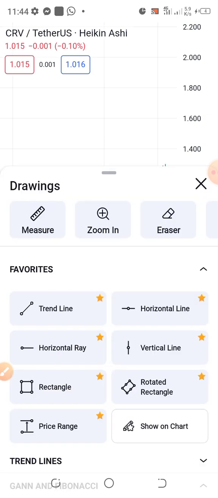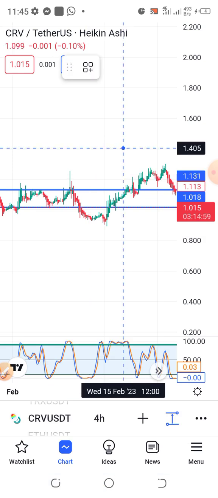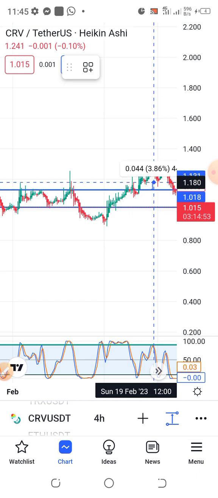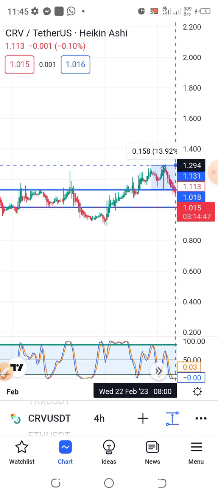Let us see the take profit, how it went. It crossed 14% or 13% from the entry point. So you can consider the previous high, which was even this candle, the breakout candle itself. It was a previous high.